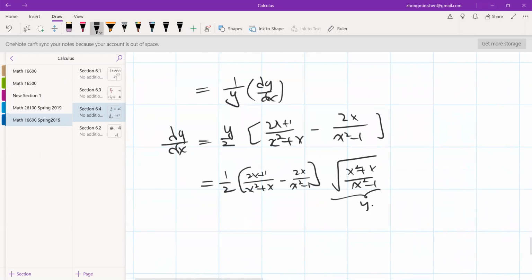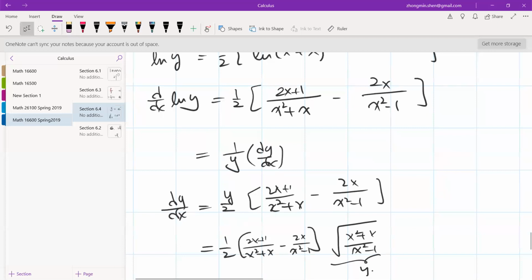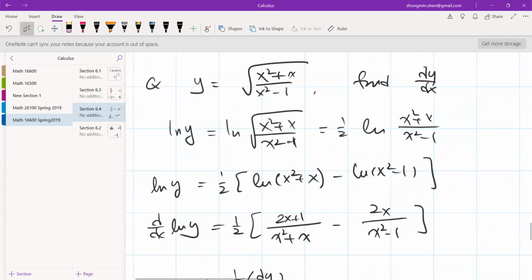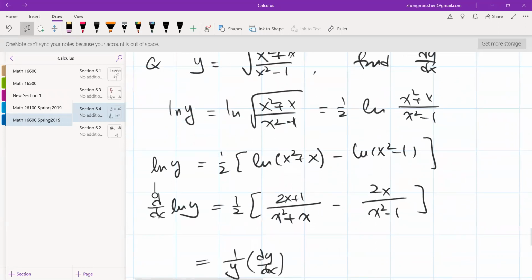Let's go back to the original problem. I'm given the function y equals the square root of x squared plus x over x squared minus 1. I want to find the derivative. I don't want to use the quotient rule to find it. So I put a natural log on both sides. All right, and then simplify the right-hand side and make the terms line up. The left-hand side is also not that difficult, just natural log of y.